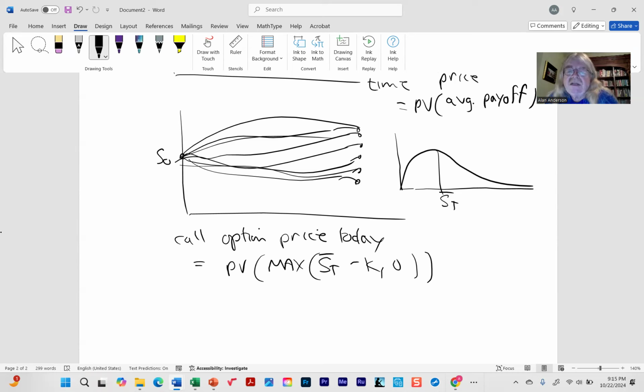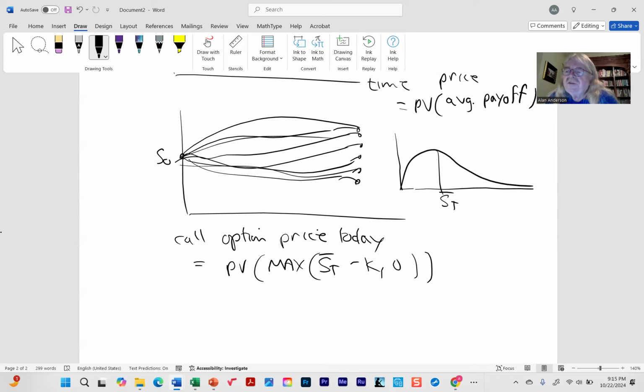Now this raises a lot of interesting questions, like how do we generate the paths? What are we basing our assumptions on? How often do we have to do this to get a realistic result? It turns out that we can actually calculate a confidence interval for our results that'll give us a sense of how close we are likely to be to the true price of this option.